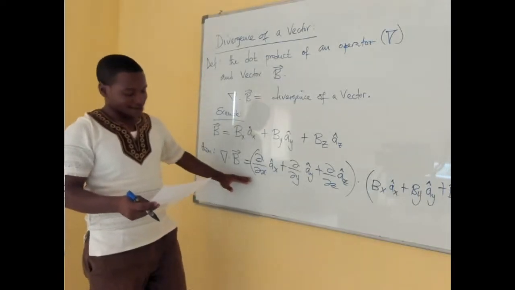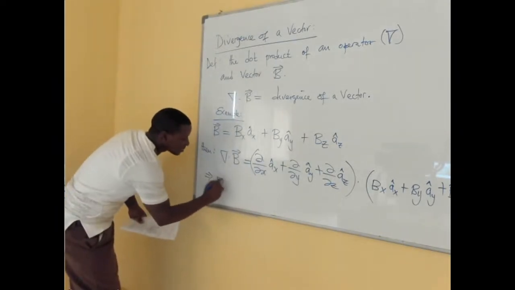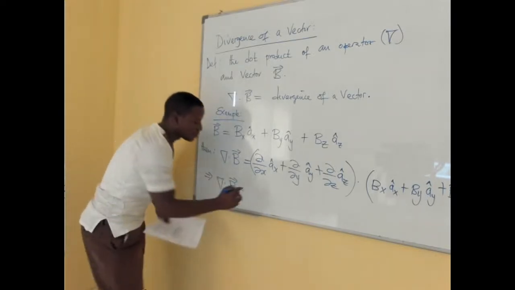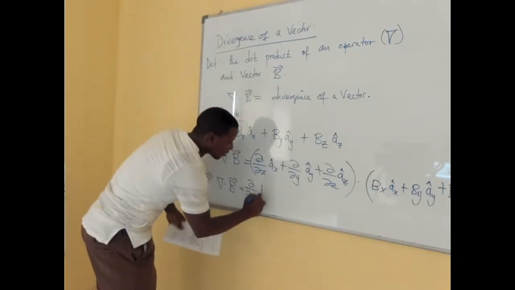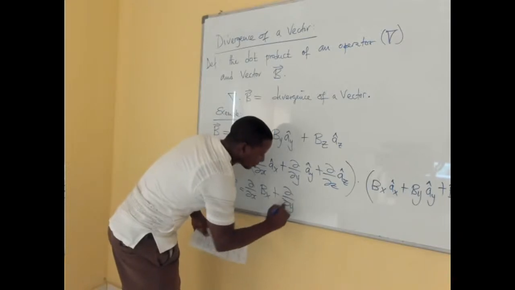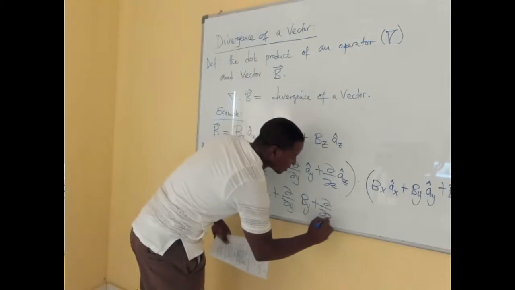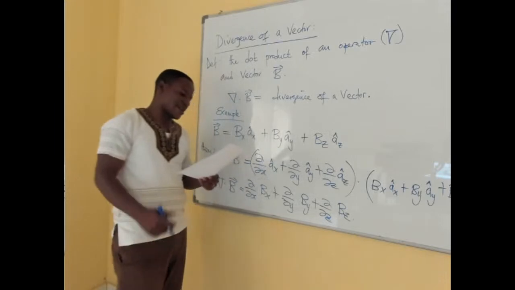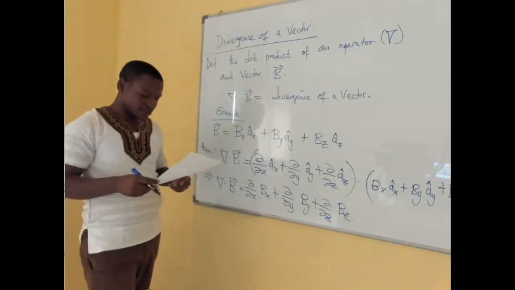So when you do this, at the end, the implication here is that del dot B must be equal to the partial derivative with respect to x of Bx plus partial y of By plus partial z of Bz. That is the final solution for that example. All right.